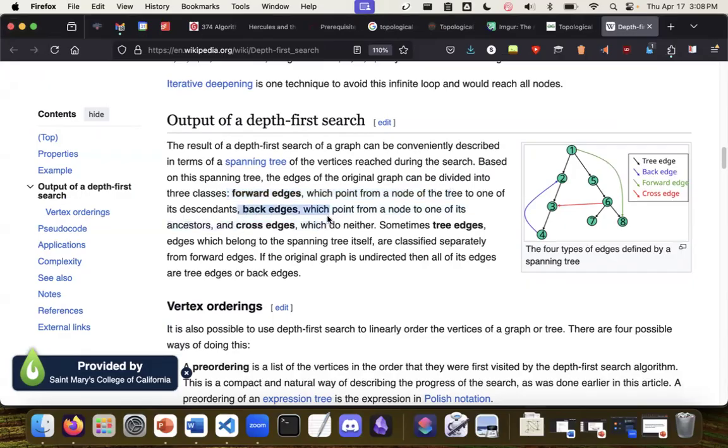Back edges, which point backwards from one node to one of its ancestors. Cross edges, where maybe we jump from one to the other. And so the answer here ends up being back edges. As we go through DFS, it gives us this information. If we find a back edge, then there's a cycle. And that's the answer.